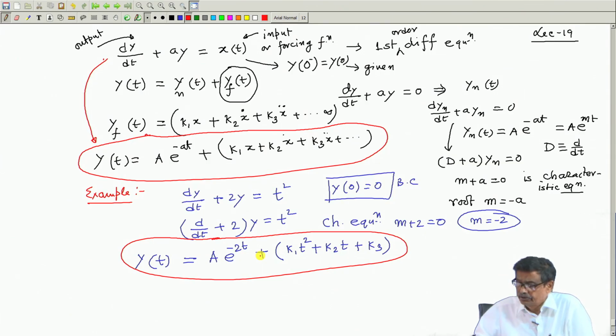Only thing you have to find out is the characteristic root and say that the nature of the solution will be like this. Now, these constants are to be determined.